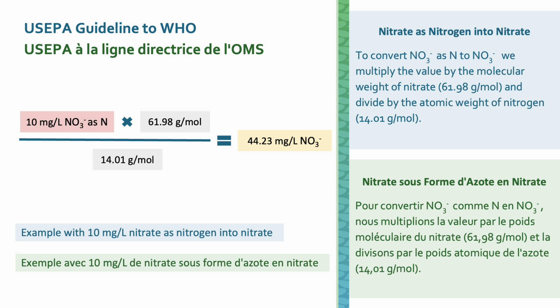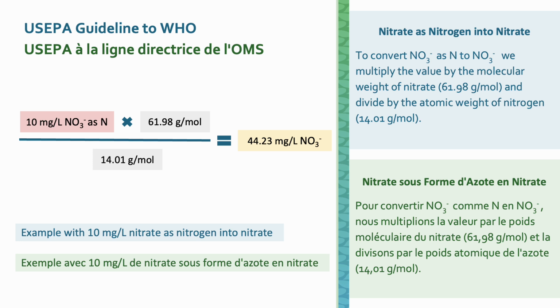This gives the worked example, and again we use the molecular weight and the atomic weight to help us with the calculation. 10 milligrams per litre of nitrate as nitrogen is multiplied by the molecular weight, 61.98, and then that's divided by 14.01, the atomic weight of nitrogen, and that gives us a total of 44.23 milligrams per litre nitrate.